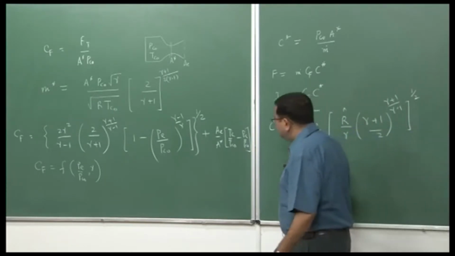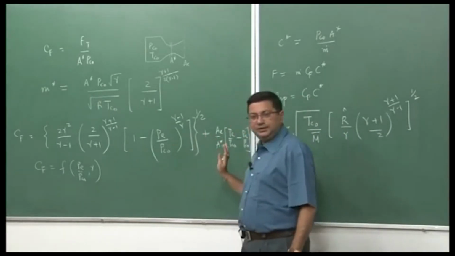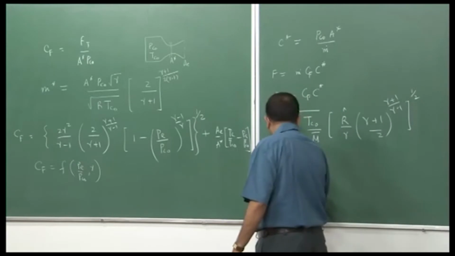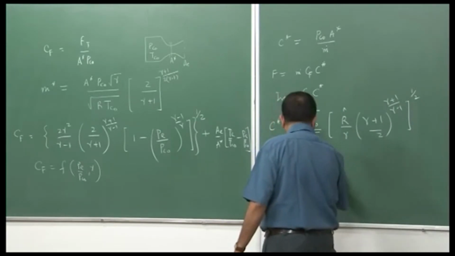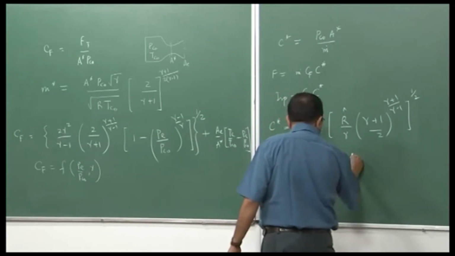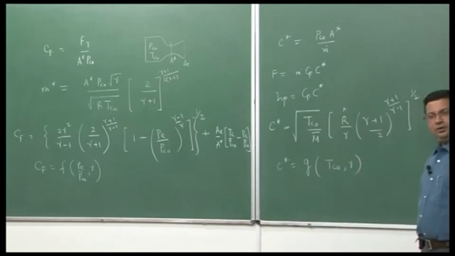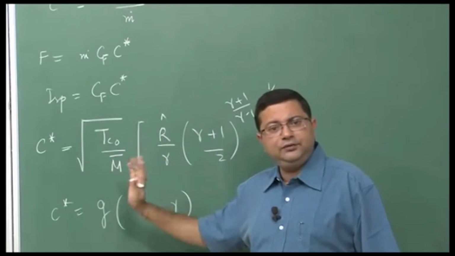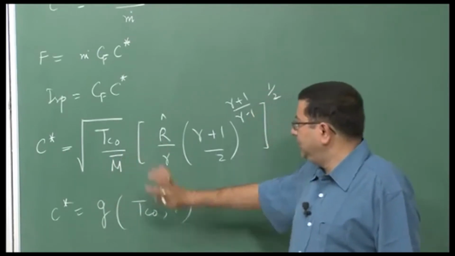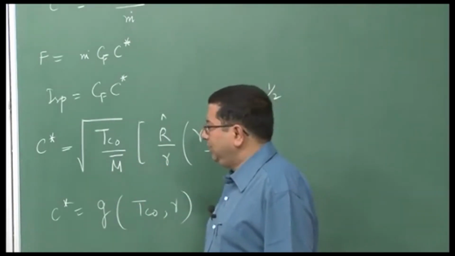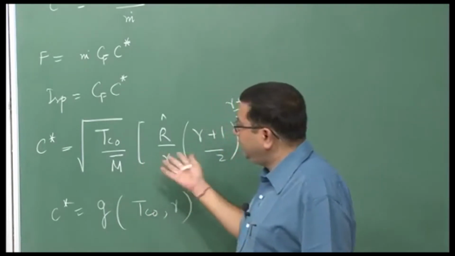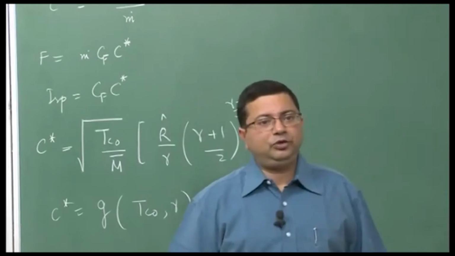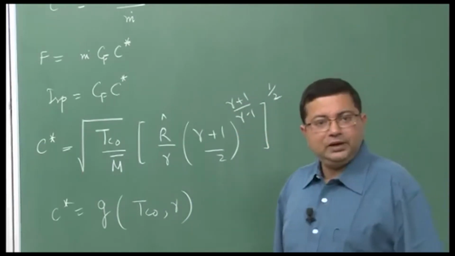Now, the two parameters that dictate, if I look at this expression, C star is primarily a function of T C naught and gamma. So, gamma is present in both and of course, the molecular weight. So, for a given fuel it is basically fixed. Again, gamma for a given fuel or a given composition will be fixed, because the final composition of product will dictate what will be the value of gamma.